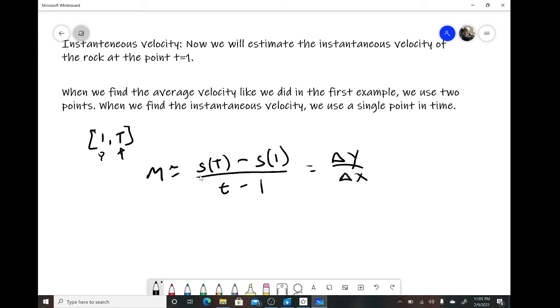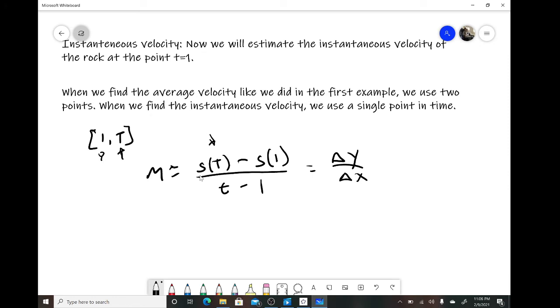So here we notice that we don't have a value for t. We have s of 1, but on the upper limit, or the upper bound, whatever those words mean, we don't have an actual value.